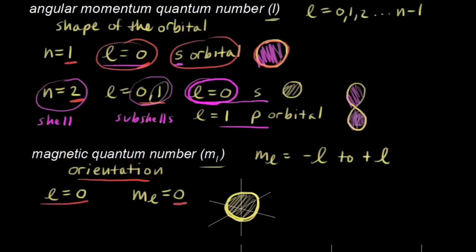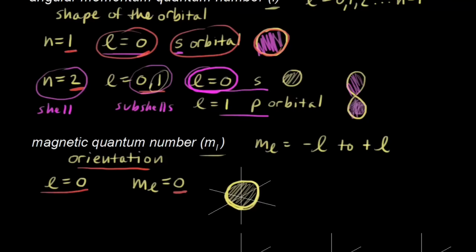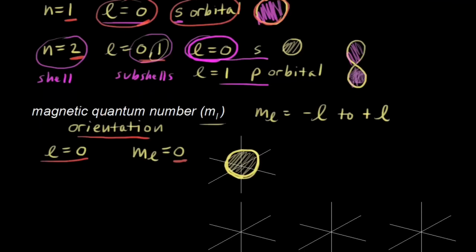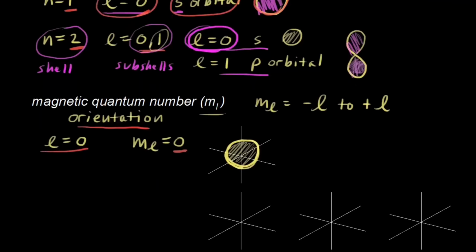All right, let's do the same thing for L is equal to 1. If L is equal to 1, what are the allowed values for the magnetic quantum number? ml goes from negative L to positive L, so any integral value from negative L to positive L. Well, negative L would be negative 1.